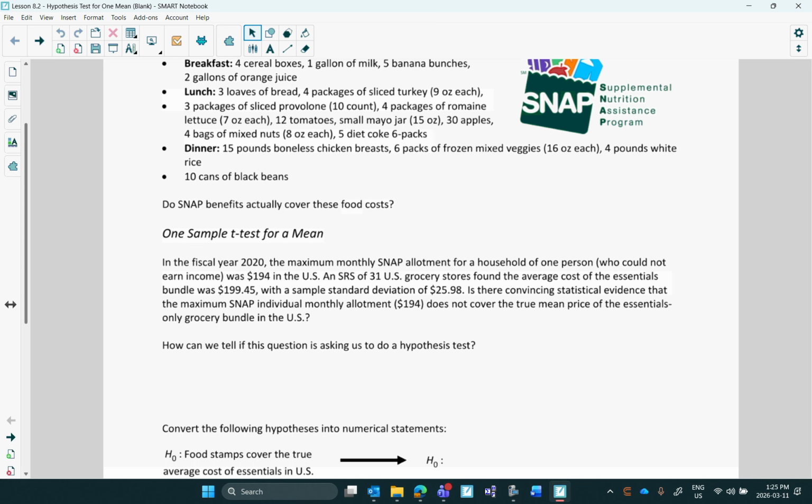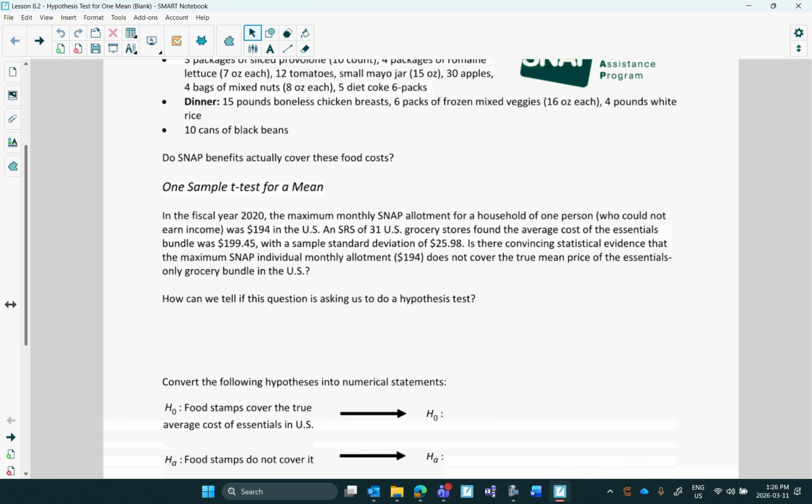So the question is, is there convincing statistical evidence that the maximum SNAP individual monthly allotment is not covering all of these items? Because in the sample, it was $5 more. So is that common, the sample we got, or is that maybe just a higher result due to chance? That's what we're eventually finding out.